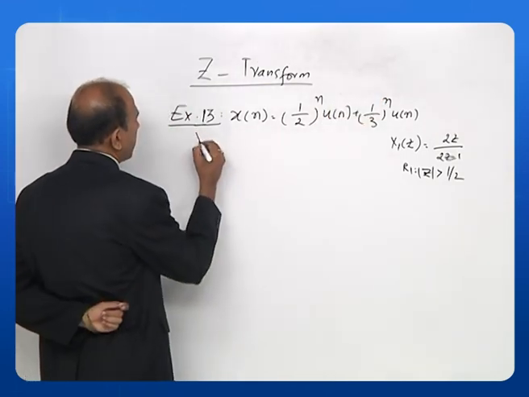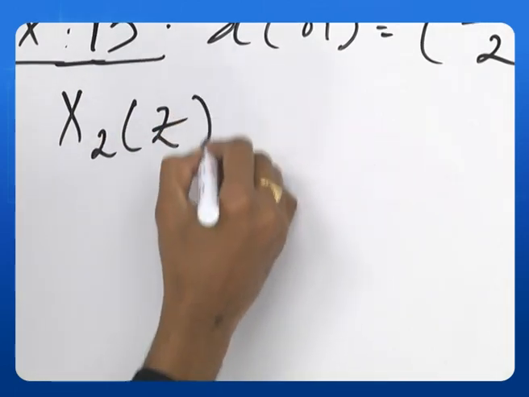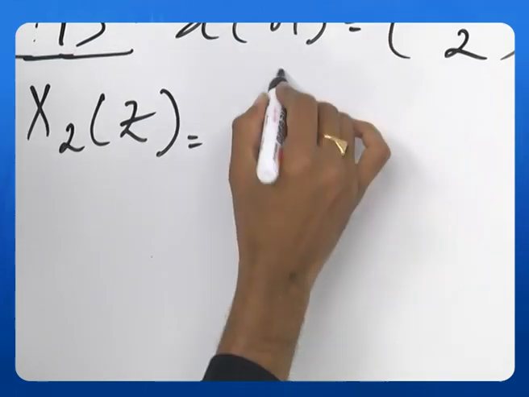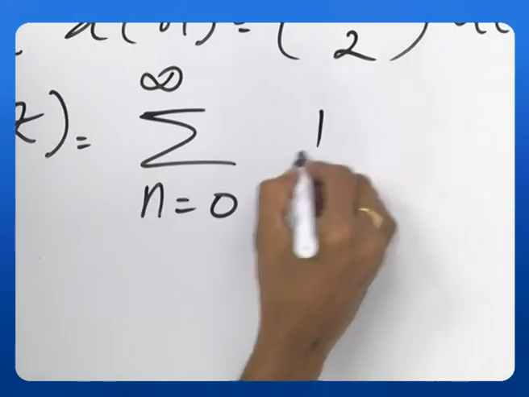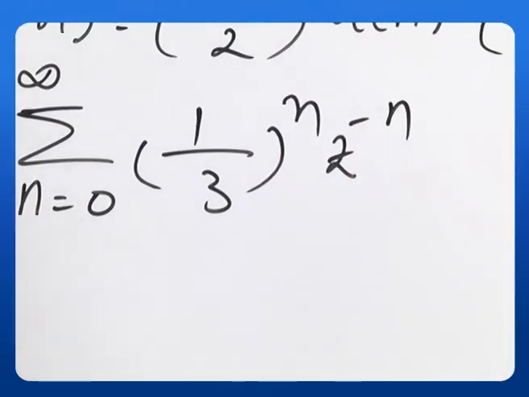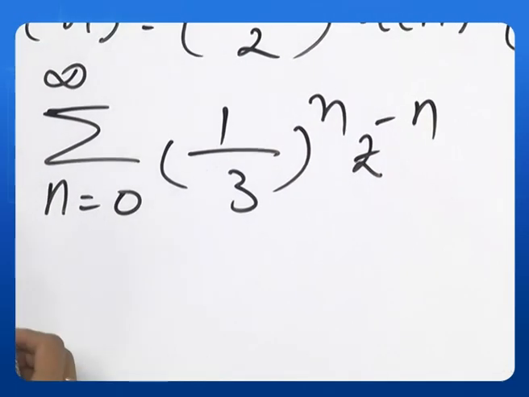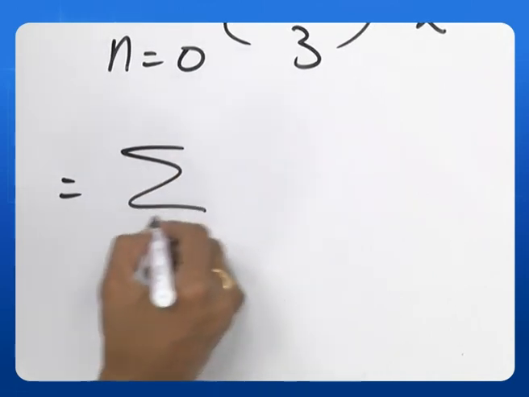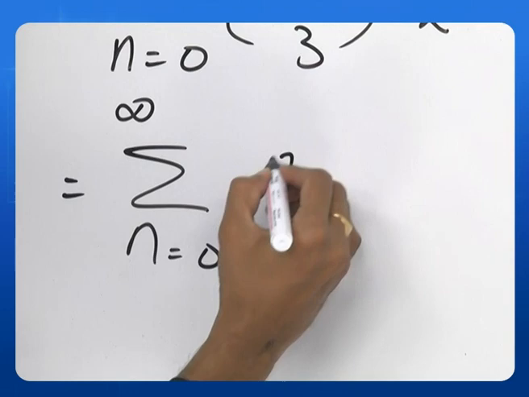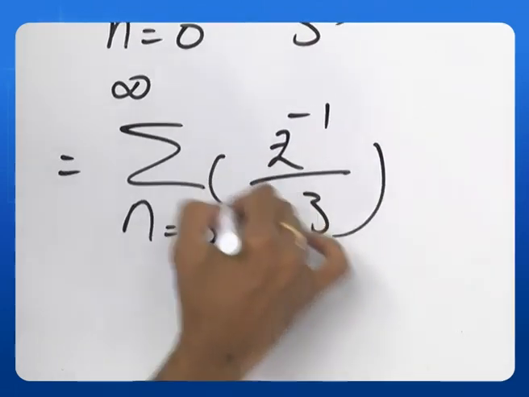So x2 of z is equal to summation n equal to 0 to plus infinity, 1 by 3 whole to the power of n, z to the power of minus n. So again expanding this, I can write this as summation n equal to 0 to infinity, of 1 by 3 z to the power of minus 1, to the power of n.